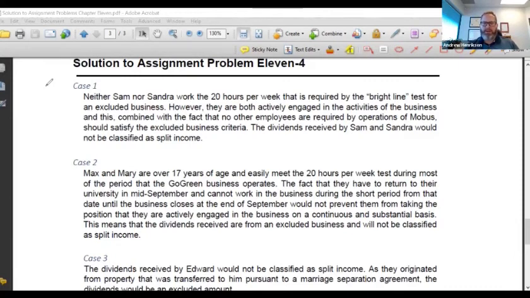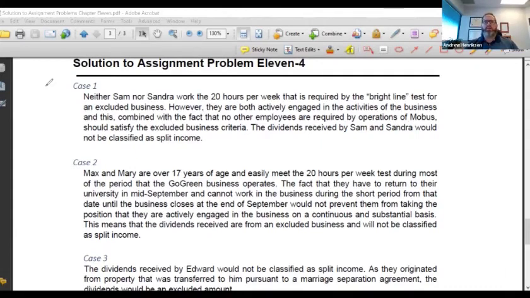In other words, they don't need to work the 20, but they're both working in the business. It says during 2020, because its applications have been very successful, Mobus was able to pay dividends of $200,000. They split those dividends, $100,000 each.